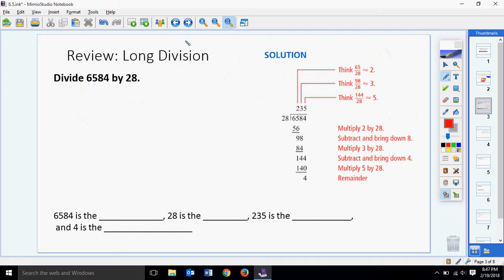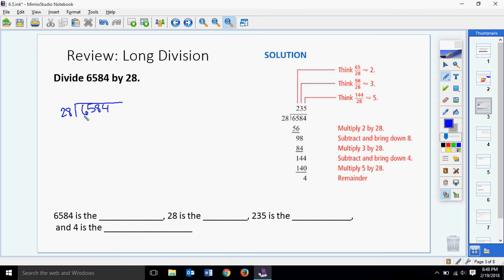And now before we talk about long division with polynomials, I just want to review how to do it with numbers. It says to divide 6,584 by 28. So the 6,584 will go inside my bar and 28 goes outside. Now we need to ask ourselves, how many times does 28 go into 6? Well, it doesn't, it's too big.